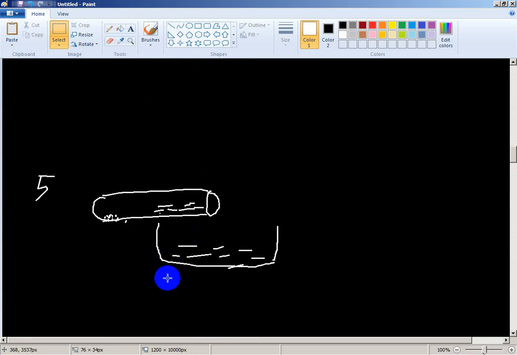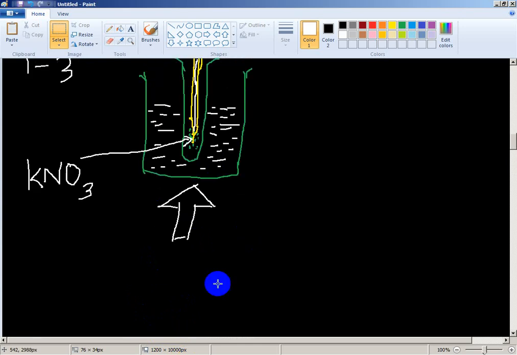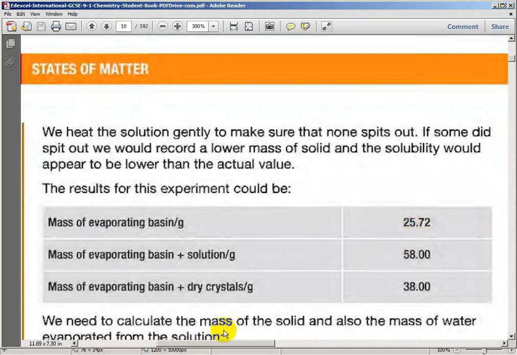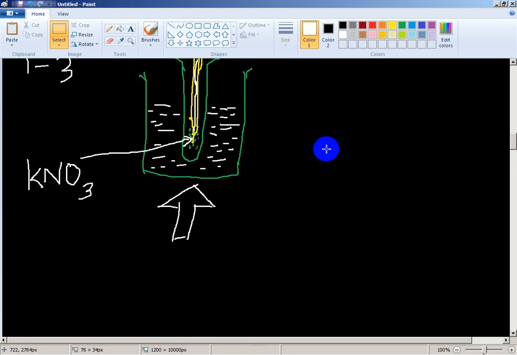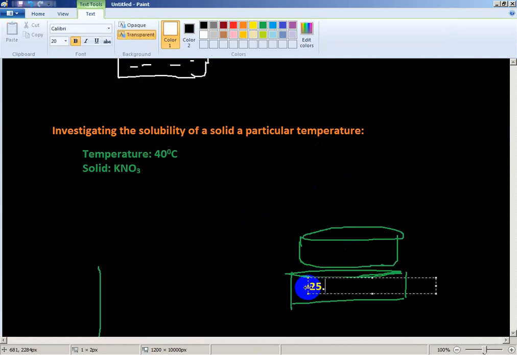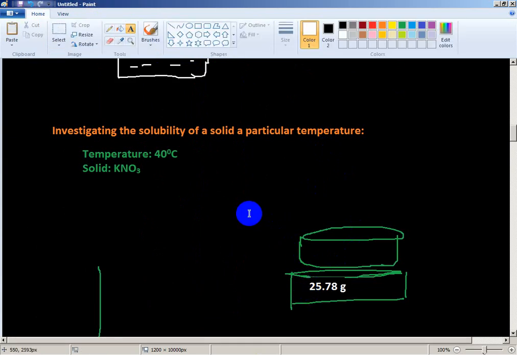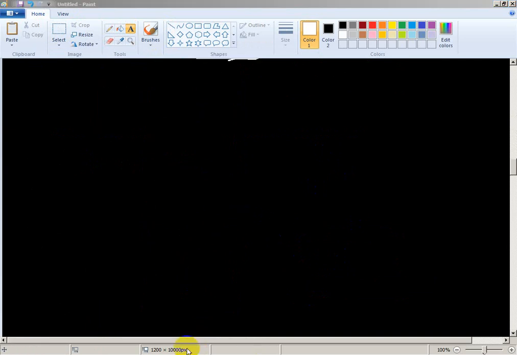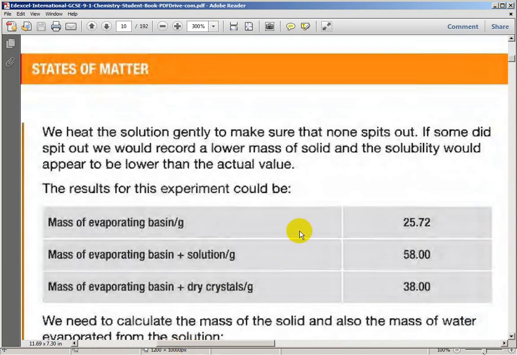No, I show here. At the beginning it was 25.78 grams. Then here again, now I type here. It's not possible to draw.